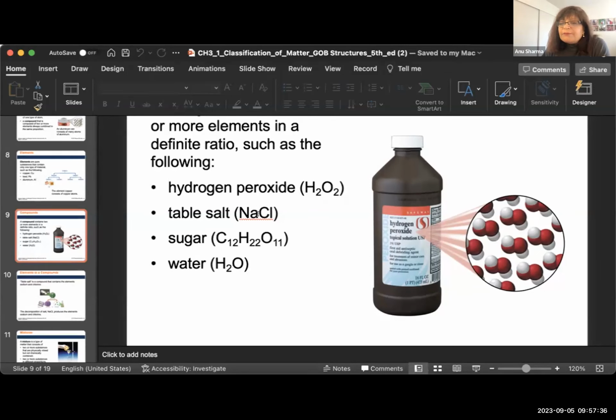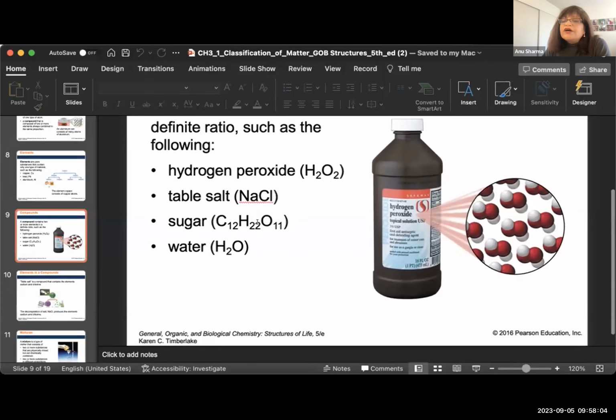Table salt, for example. Now, sodium is highly flammable. It catches fire. Chlorine is greenish yellow, a very toxic gas. So this toxic sodium and this toxic gas chlorine, when these two combine together in a ratio 1:1, they produce table salt, which is healthy, right? We all need it for our food.